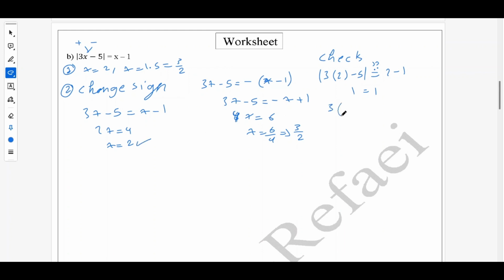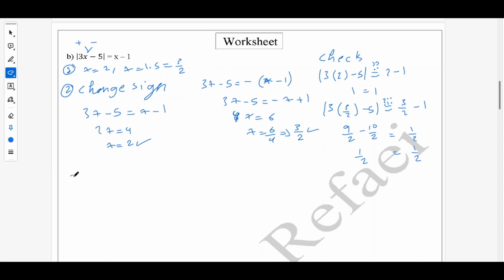Modulus of 3 by 3 over 2 minus 5, does it give me the same answer as 3 over 2 minus 1? 9 over 2 minus 10 over 2 equals 1 over 2, and 1 over 2. And this is an acceptable answer.